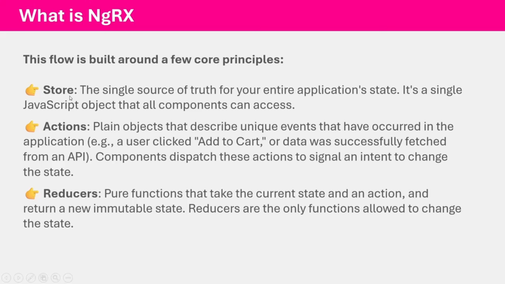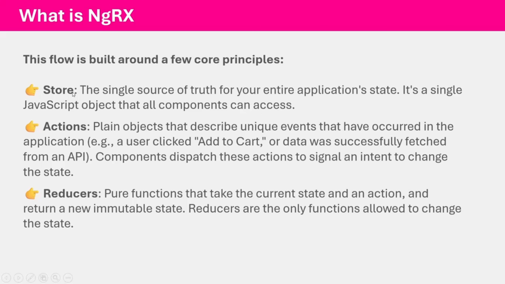Only those states which can be used in multiple components, we keep in this store. So this store is the single source of truth of your entire application state. All the state of your application which can be used in multiple components is kept inside this store. And it is a single JavaScript object. This store is nothing but a JavaScript object, and that object contains all the state of our Angular application as its properties. All the components which want to access a state can access this store object.